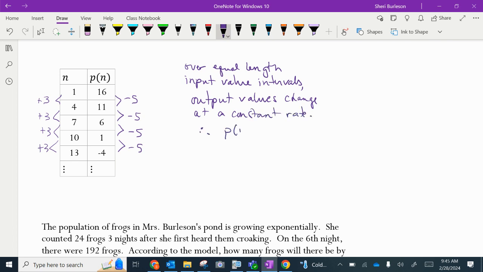Therefore, P of n is linear, or I could say the sequence is arithmetic. Okay, but since it's written in function notation, it would make sense to say linear function versus arithmetic sequence. Okay.